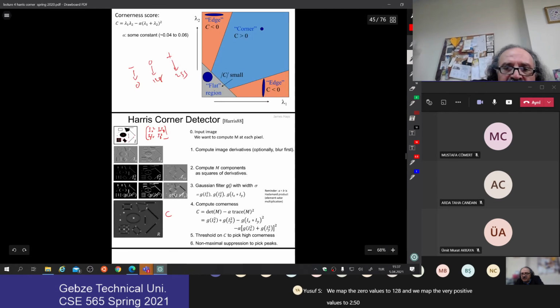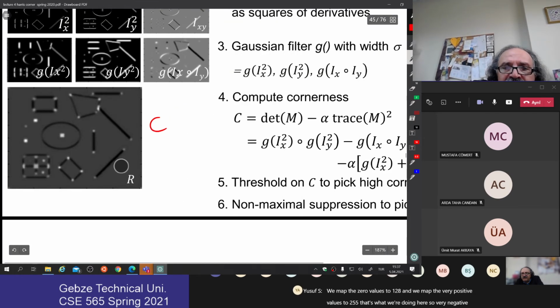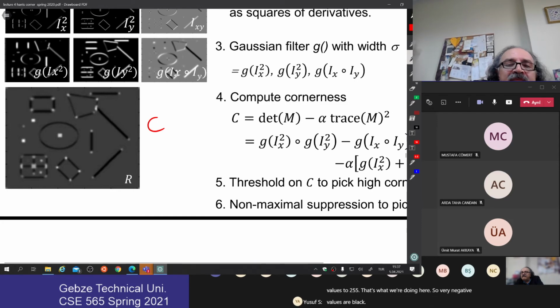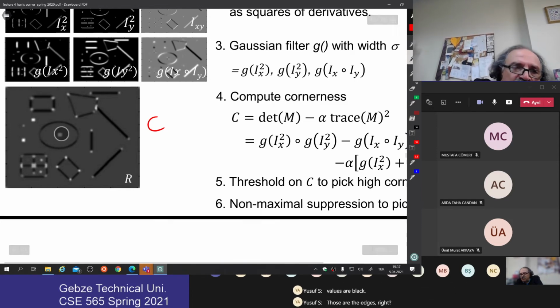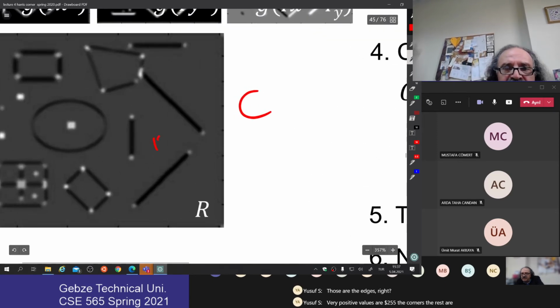That's what we are doing here. So very negative values are black. Those are the edges. Very positive values are 255. Those are the corners. The rest are 128.